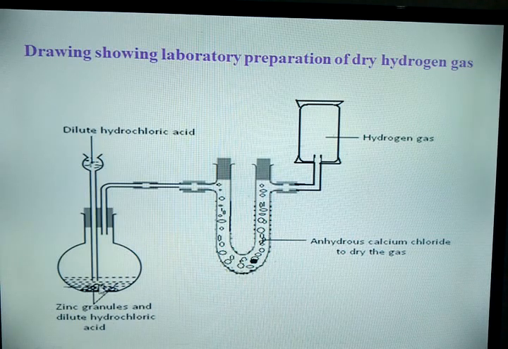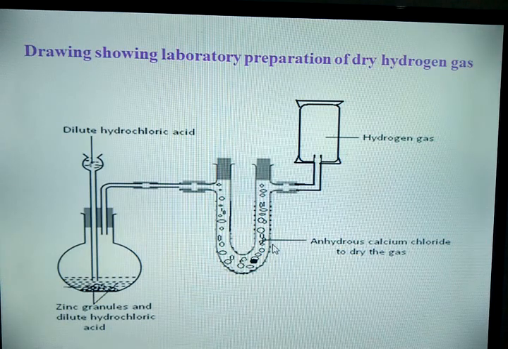The gas given off is directed into a U-tube by the delivery tube. The U-tube contains anhydrous calcium chloride, which is responsible for drying our hydrogen, and then the dry hydrogen is collected by upward delivery because it is less dense than air.